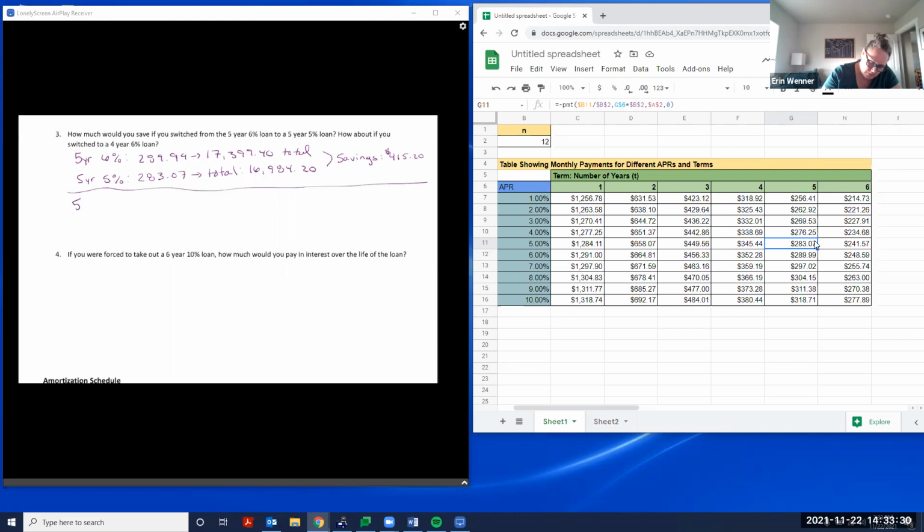So to remember, 5-year 6% is $17,399.40 for our total. So 4-year 6% is a payment of $352.28.